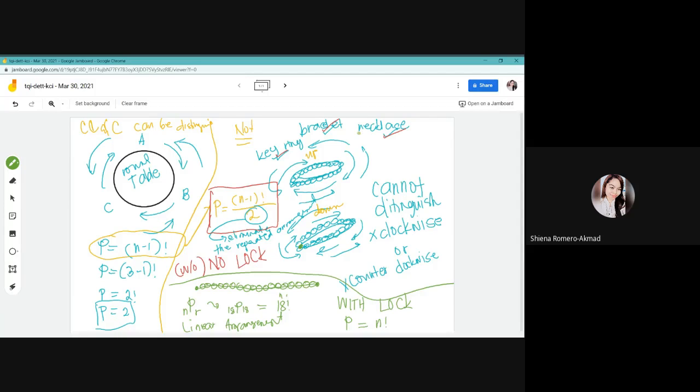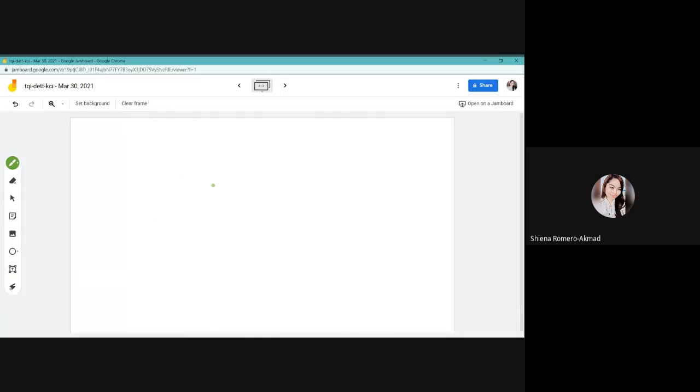So let's sum it all up para mas maintindihan ng lahat. So ito yung mga formula na meron tayo. Yung una ay yung permutation formula, n objects taken r at a time.